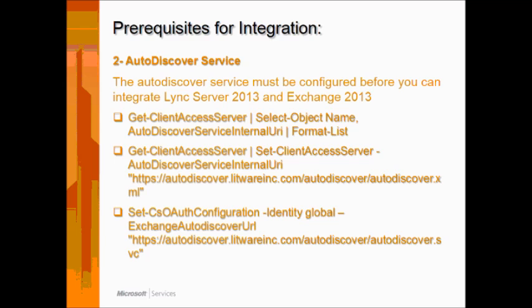And -ExchangeAutodiscoverUrl https://autodiscover.letware..., and you see the subdirectory is autodiscover.svc here. This step is very, very, very important to make the integration possible. So don't forget to make sure that the Lync server understands where the Autodiscover service is, and this is to make the authentication run properly.